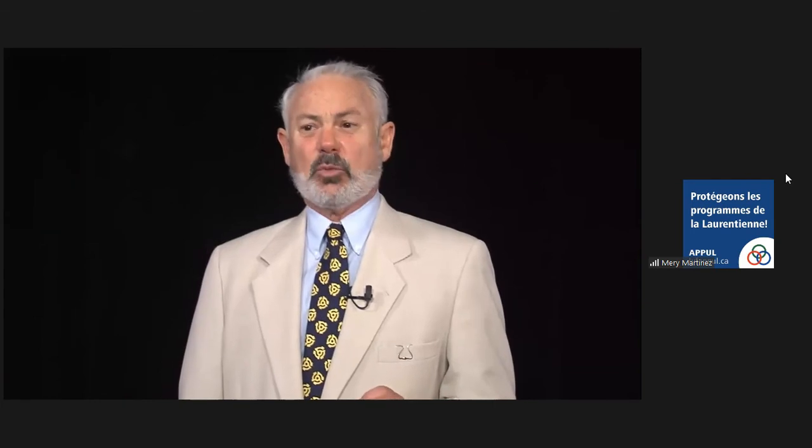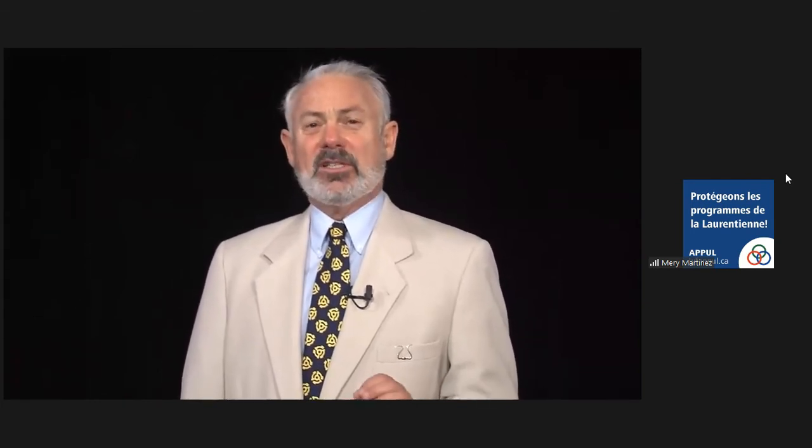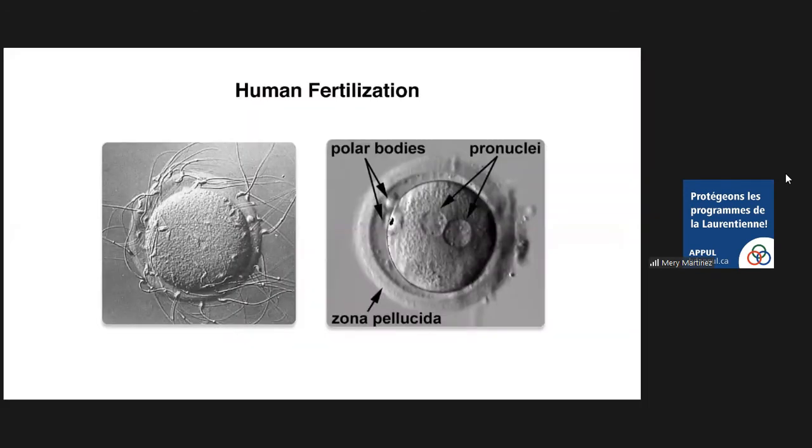Now, to understand twinning, one really has to review some of the basic principles of mammalian embryology. Fertilization takes place in the oviduct. When the egg is ovulated, it begins the resumption of its first meiotic cleavage, but it arrests during the metaphase of its second meiotic division.